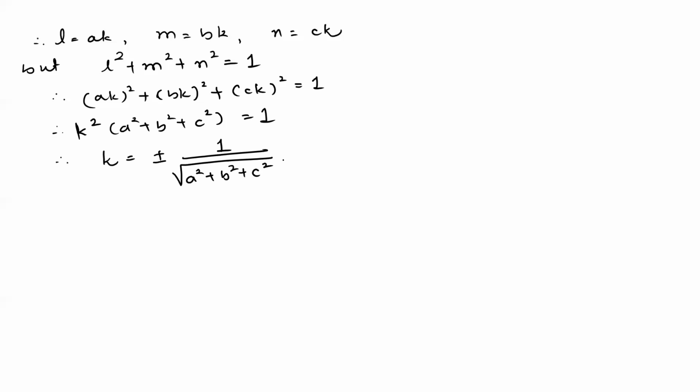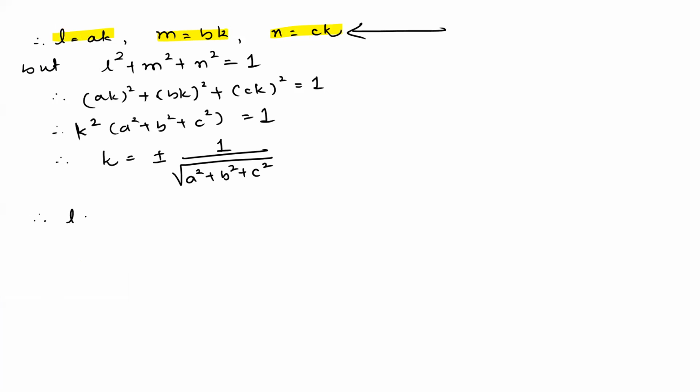And once we know K, I can find out L, M, and N. I can substitute the value of K above and I will get all of L, M, and N. That means direction cosines can be found with the help of direction ratios.